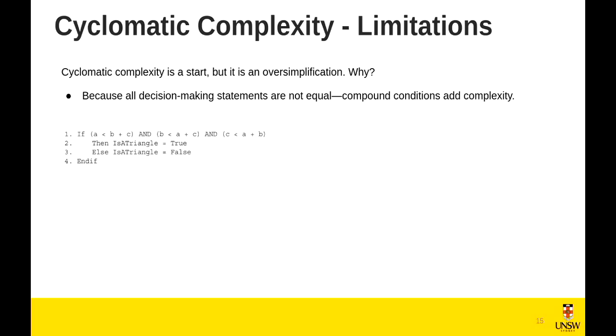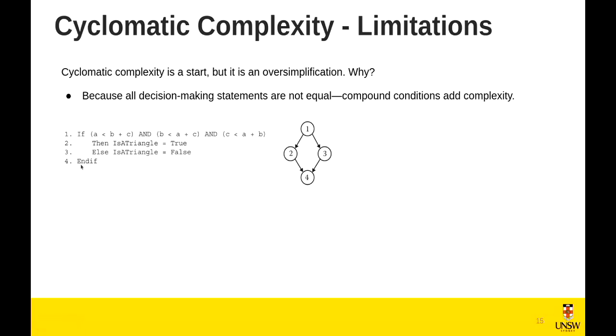For example, in this very simple pseudocode, we are justifying whether three numbers can form a triangle or not. In this example, we can get this very simple control flow graph.